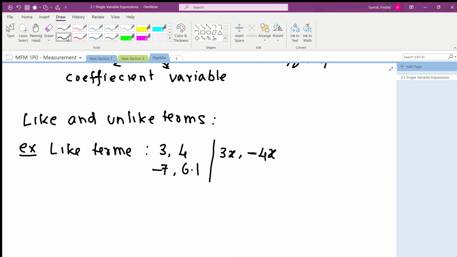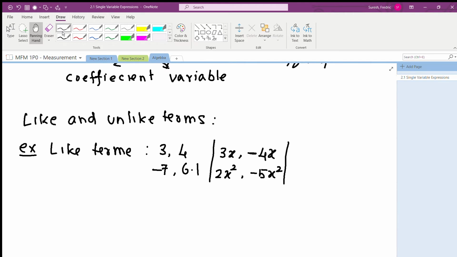So let's write one more example. 2x squared and negative 5x squared are also like terms. Why are they like terms? Because x squared here, x squared here. So for like terms, only look at the variable. If the variables are the same, then they are like terms.